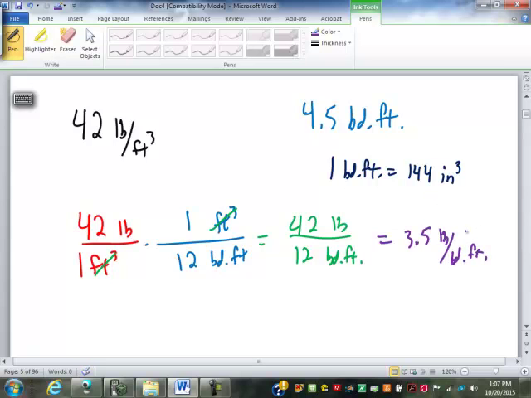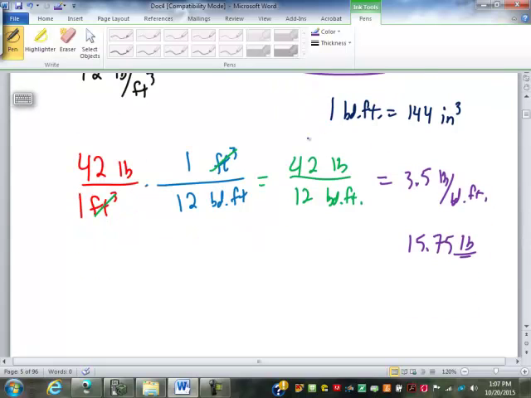And then times 4.5 is what? 15.75 pounds. Now, if you're wondering, I've got 4.5 board feet, do I multiply or divide? You can use this as a conversion.